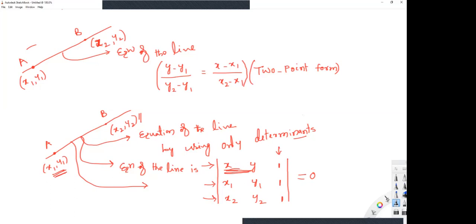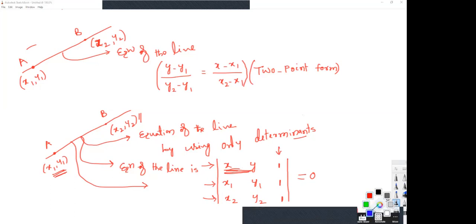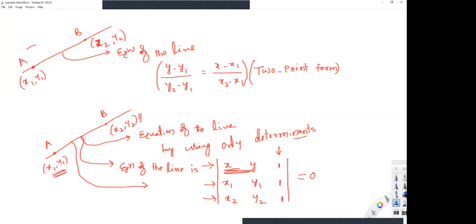This is the formula that will be used to find the equation of the line when it is passing through two given points by using determinant method. Once again, my dear students, please see this. Whenever the line is passing through two given points, the equation of the line by using determinant method is very simple.